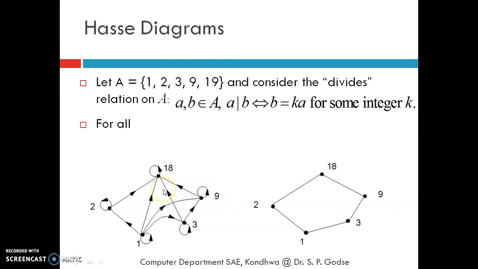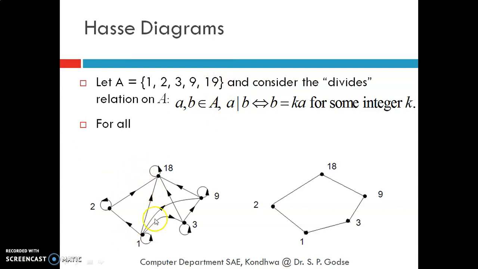All these are the ordered pairs from the partial order relation of divides on set A. Here it should be 18 instead of 19; it is written by mistake.